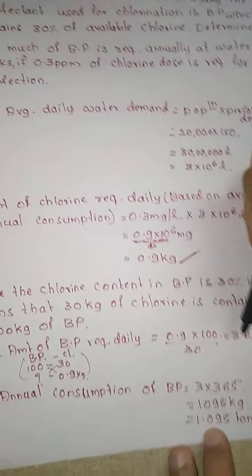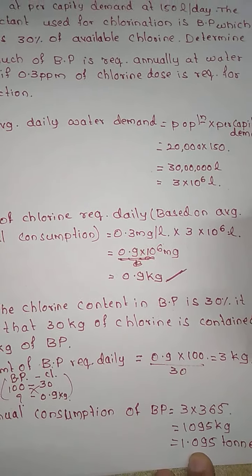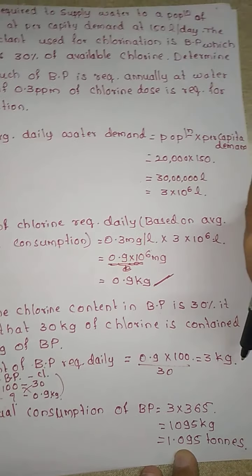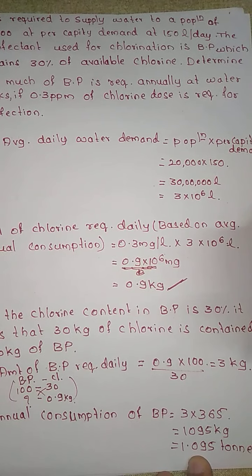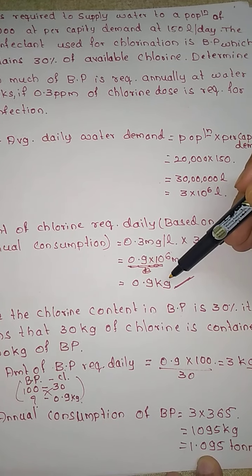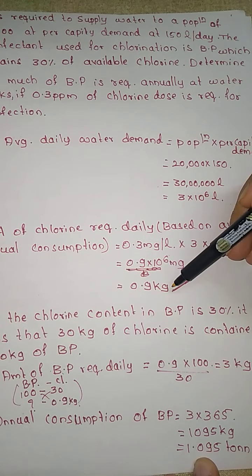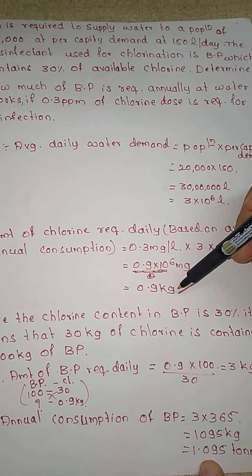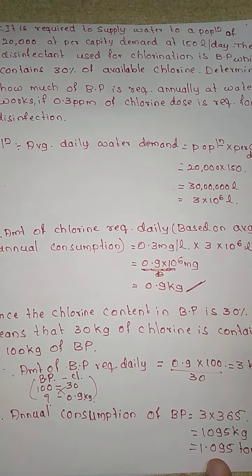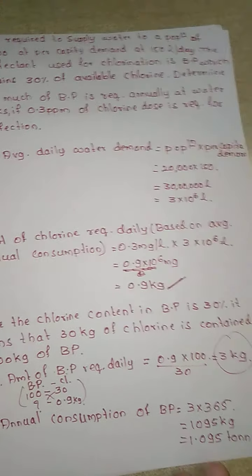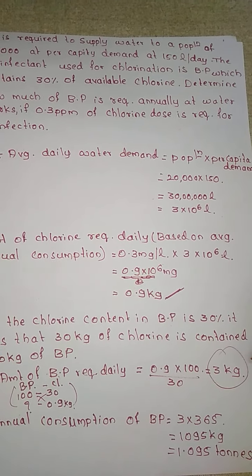So we are getting 3 kg of bleaching powder required. 3 kg of bleaching powder has 0.9 kg of chlorine content, since 30% of 3 kg gives 0.9 kg. This 3 kg of bleaching powder is required per day.